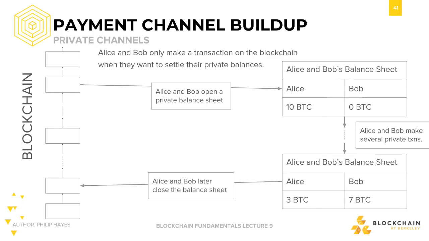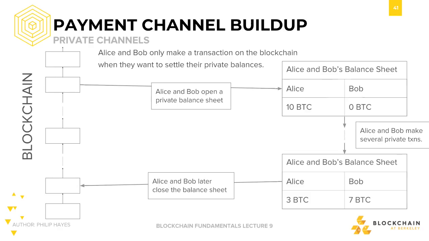So the idea is Alice and Bob open this private balance sheet at the beginning, and they can do an arbitrary number of transactions back and forth, and when they're ready to agree on the final balance, they'll close this private channel and settle this balance sheet.